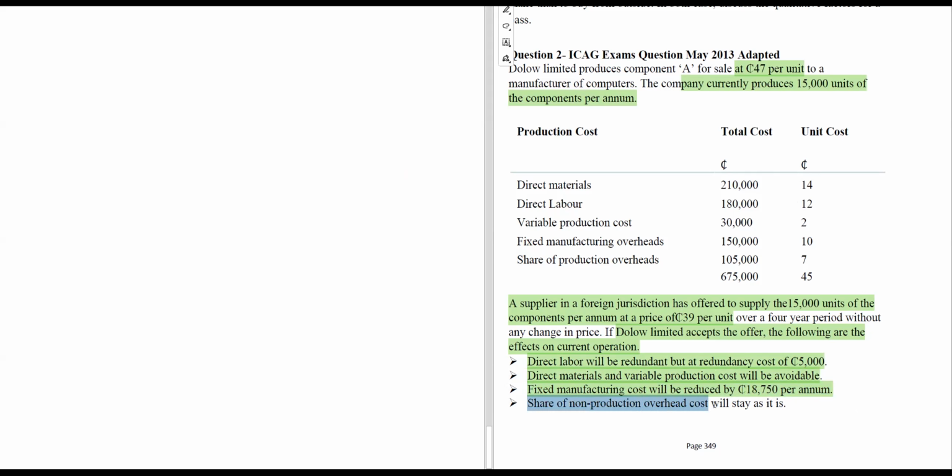And the share of non-production overhead will stay as it is. So what does this tell us? That means non-production overhead is what? The share of production overhead will remain as it is, whether we buy or we don't buy, making it what? Fixed. We know it is fixed.